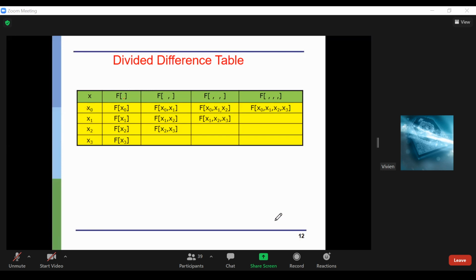What we can do is put the value of f(x) on the right side, from the data that we have. Next, the third column is to find the first divided difference.